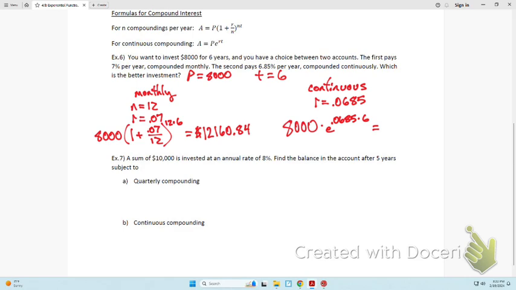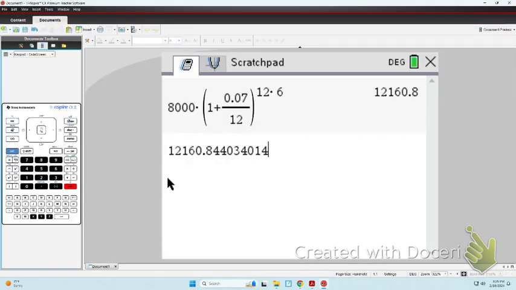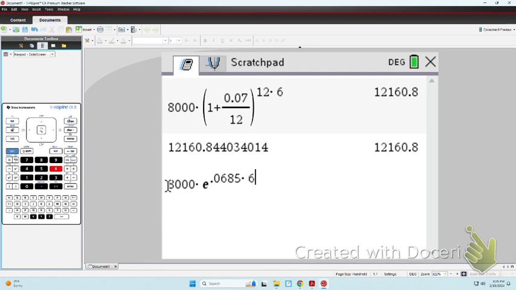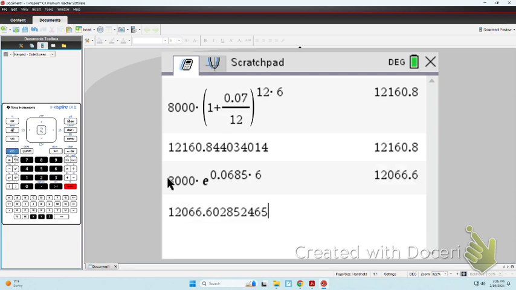All right, let's try continuous. 8,000 times E, this is a button, it's in red on your screen right now, raised to the RT, 0.0685 times 6. 12,066 point. Let's see if there's more there. I think there is. Actually, nothing was there.